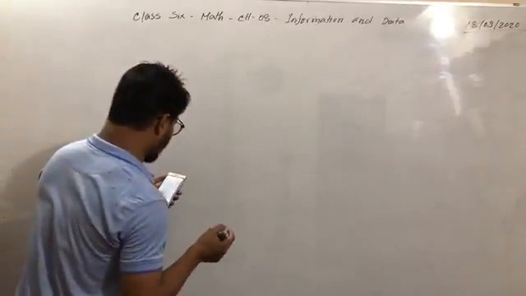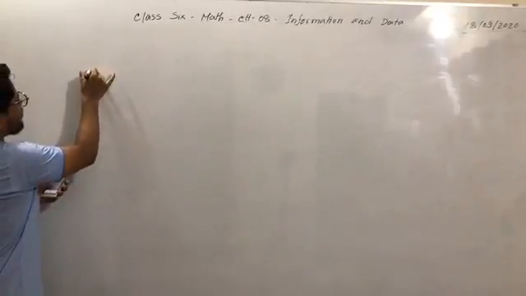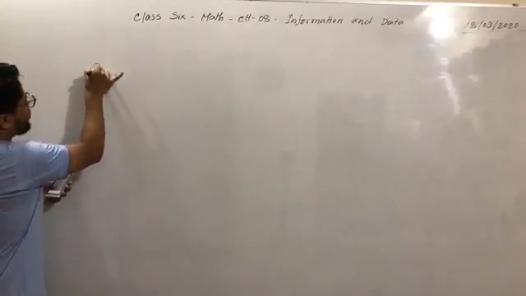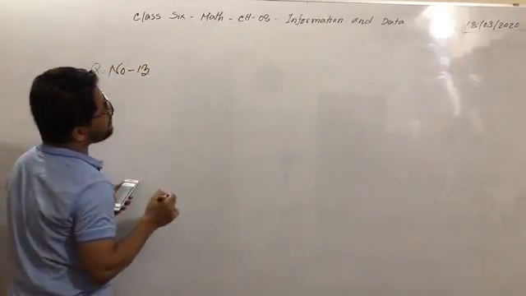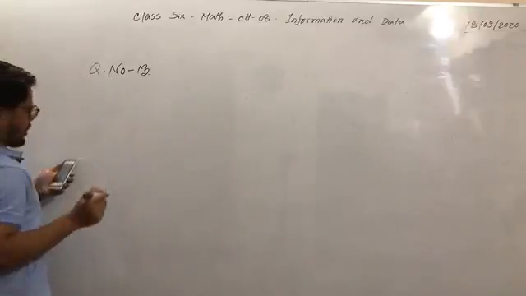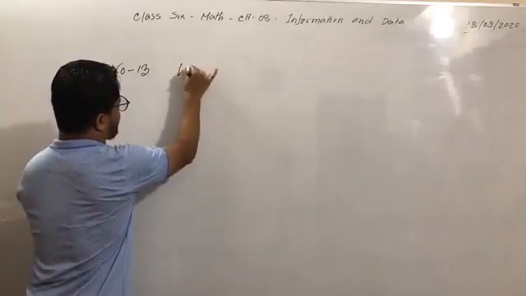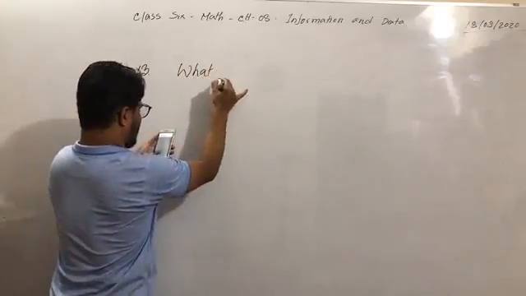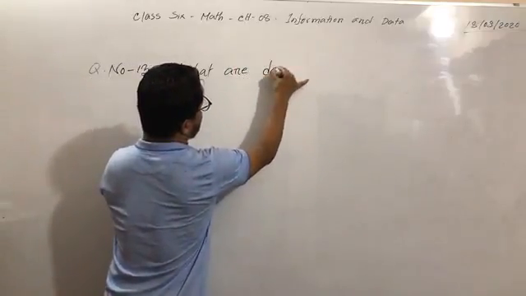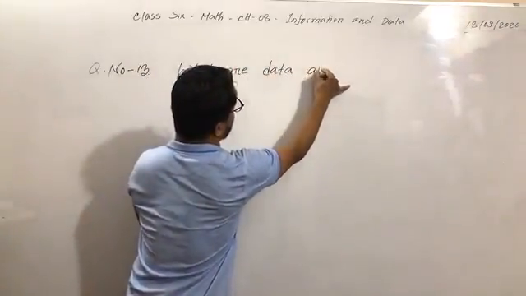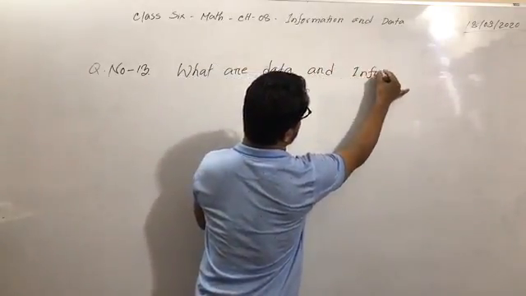In your academic book, this is question number 13, exercise 8, chapter 8. What are data and information?